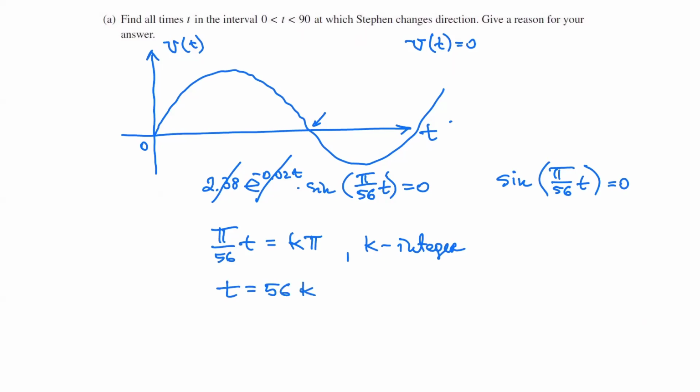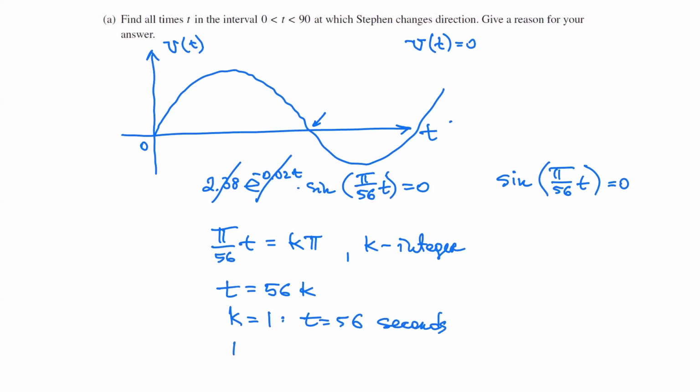And so first, k is equal to 0, so time is equal to 0, but that's not a point when Steven changes direction because that's when the swimming starts. But then we can plug in k equals 1 and get t equals 56 seconds.